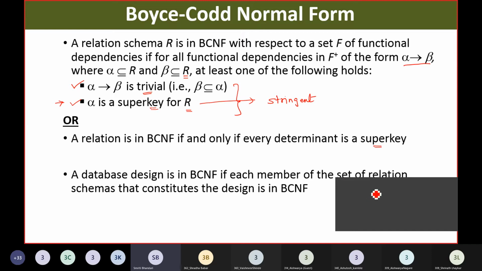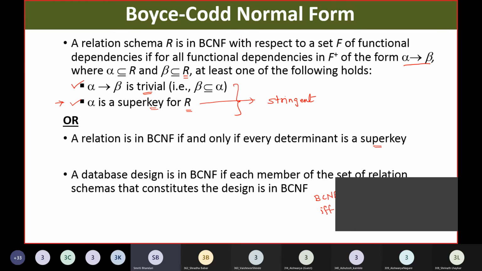So if I'm talking about my university database, say for example, and I have several relations R1, R2 up to Rn in this schema, then I will say that my university database is in BCNF if and only if every relation in this university schema is in BCNF, and only then will I say that the entire schema is in BCNF.